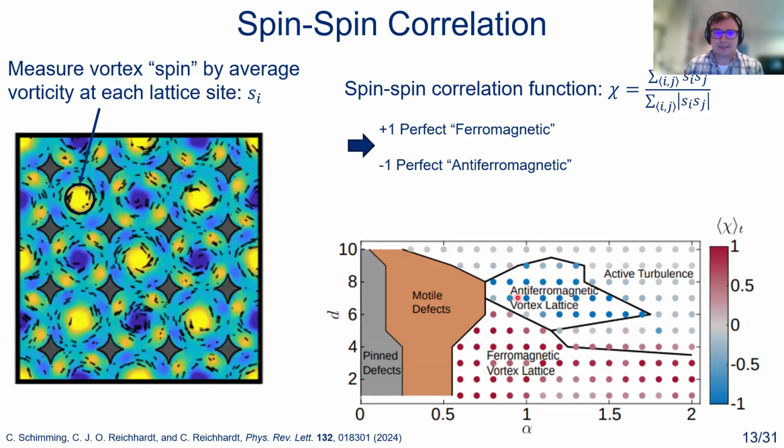At intermediate distances, we find an antiferromagnetic vortex lattice. And then for high activity, we recover active turbulence as we expect. So just by changing the symmetry of the obstacles, we get a completely different sort of phase diagram here. Before I move on, I want to give some intuition for why you get ferromagnetic versus antiferromagnetic.